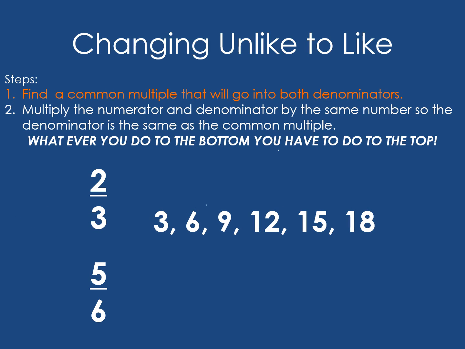Let's try some examples. Okay, now, 2/3 and 5/6. The denominators here are 3 and 6, which are dissimilar. So let's change this into similar fractions. To do that, you have to do skip counting, or get the multiples.